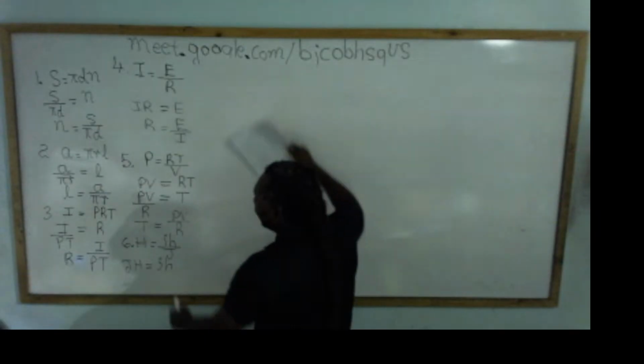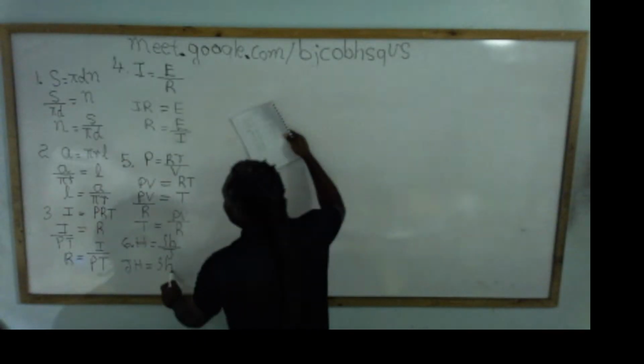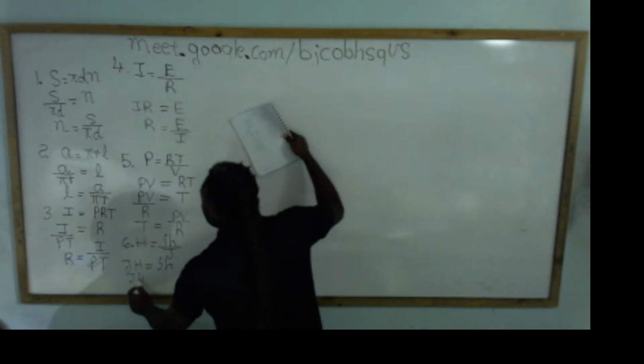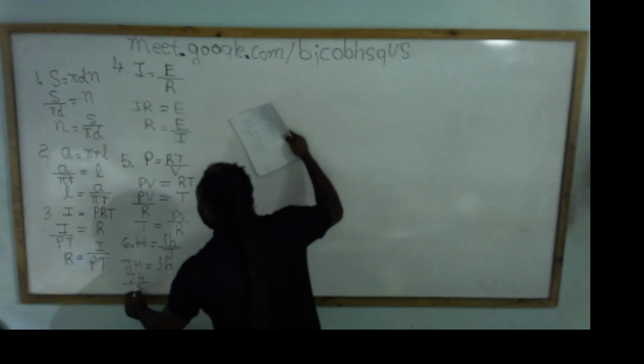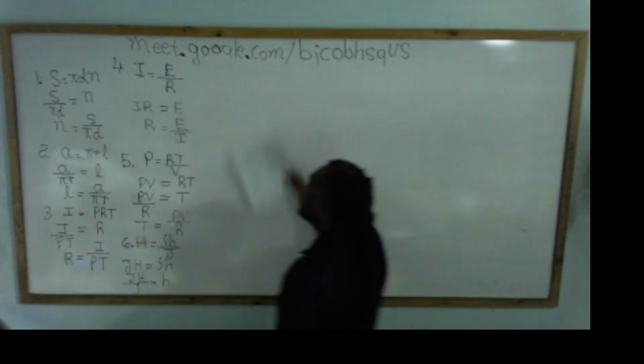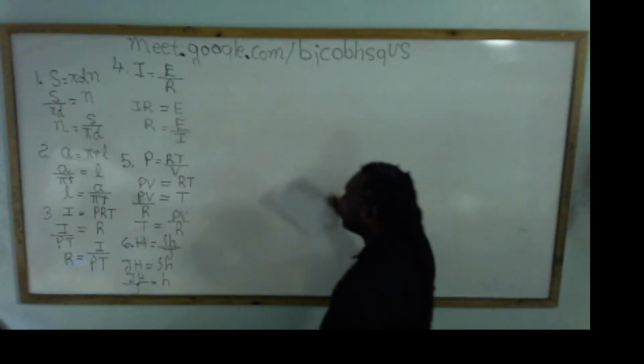Then we are making common H the subject of the formula. We have JH, and of course we divide by common J, and that is equal to H. Finish up by saying H.